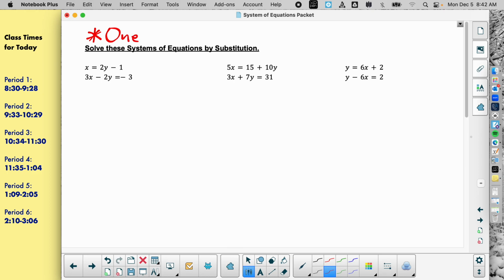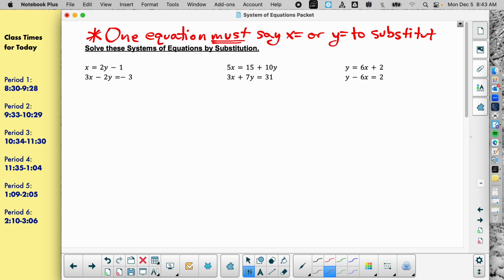You can't solve by substitution unless that's the case. And that's going to be the main thing you're going to need to remember for that topic.